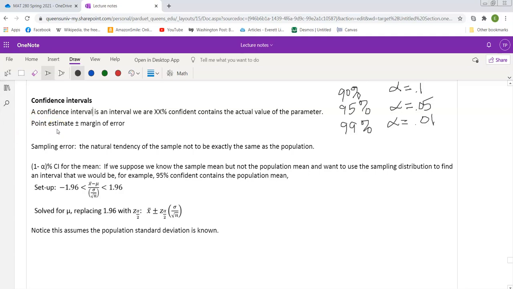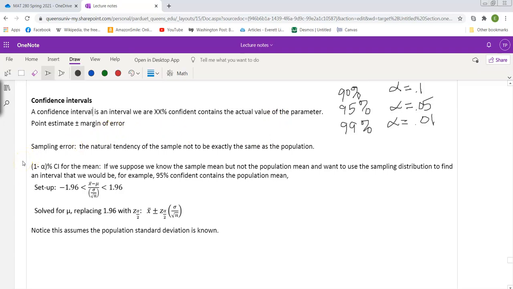Every parameter has a corresponding statistic in the sample. So if we wanted to do a confidence interval for the population proportion, we use the sample proportion as our point estimate. And the margin of error gives us how far off we think our estimate might be from the actual value of the parameter.